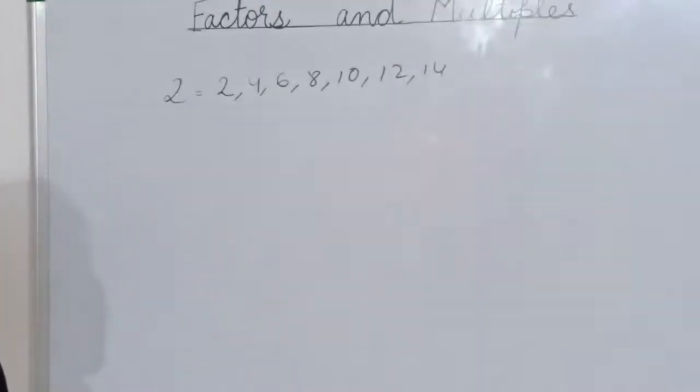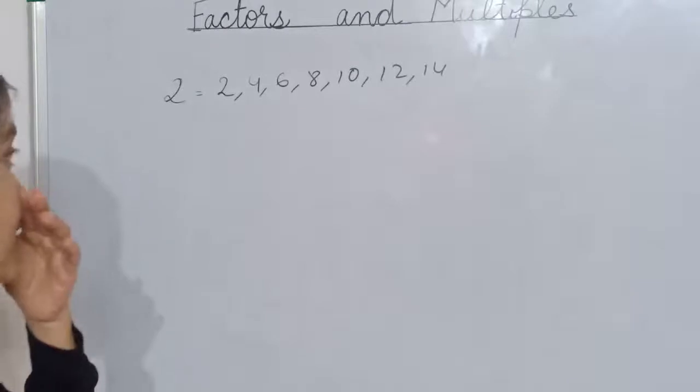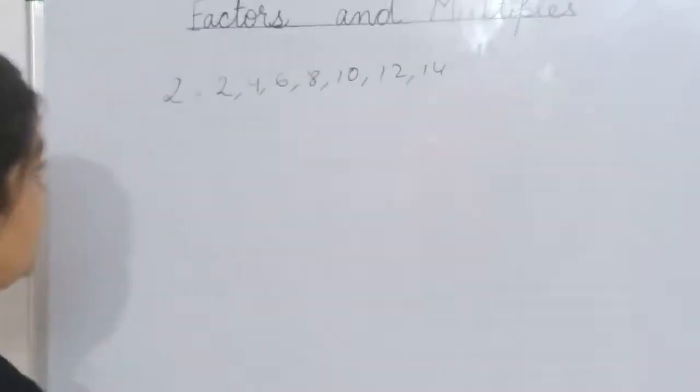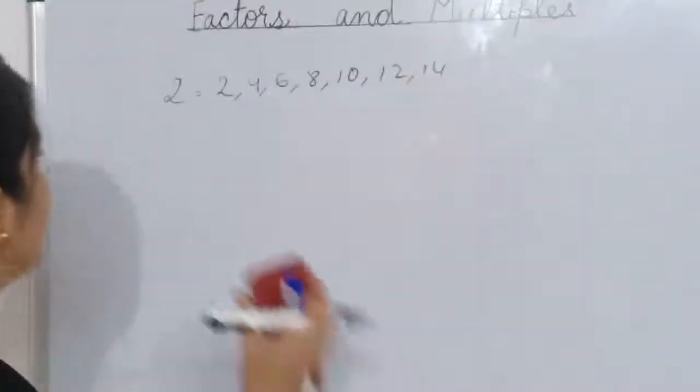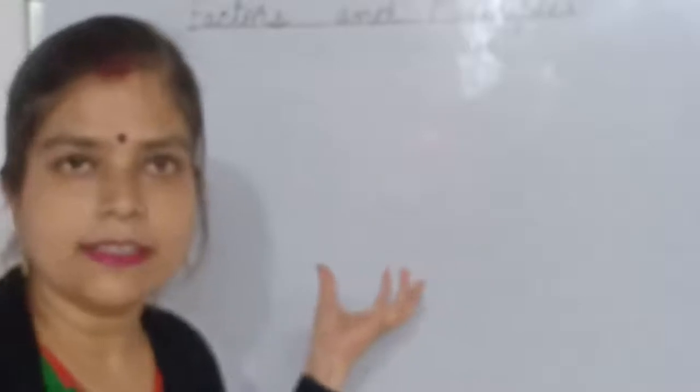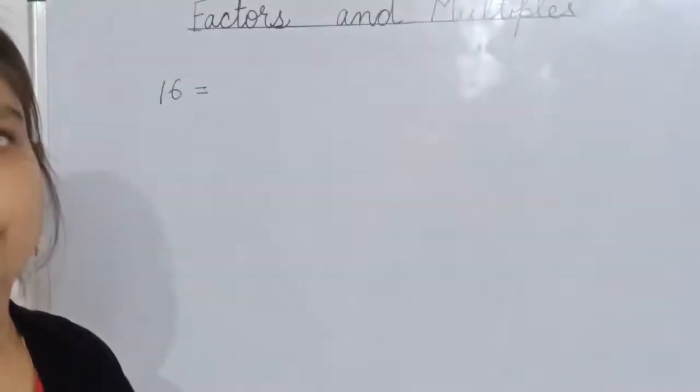Now how will we get the factors? So what will you do here? For example, here it is given: find all the factors of 16. First, we will divide this 16 in a number of ways.